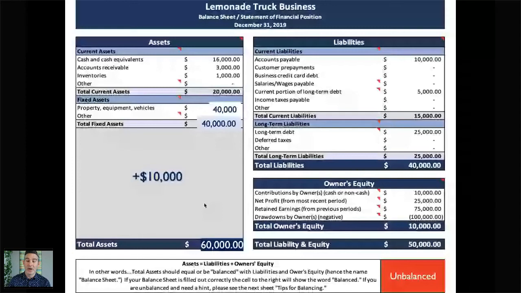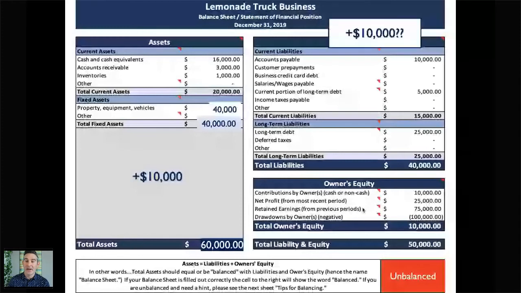That would mean you need to update your contributions by owners, the section under owner equity. So you're adding $10,000 to the right side. That updates to $20,000, your total equity updates to $20,000, and now you're back in balance with $60,000 on each side. So that's one example.